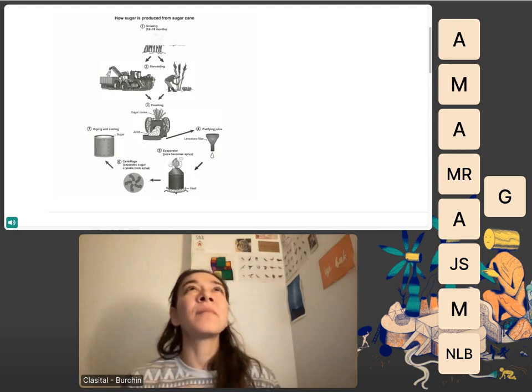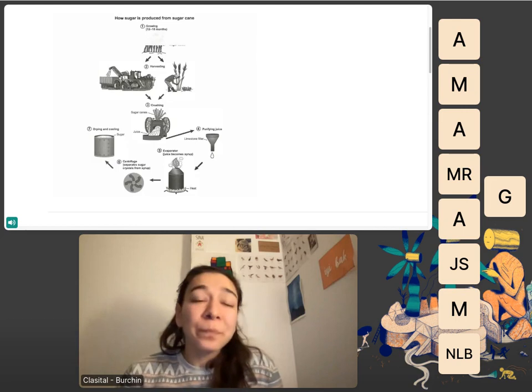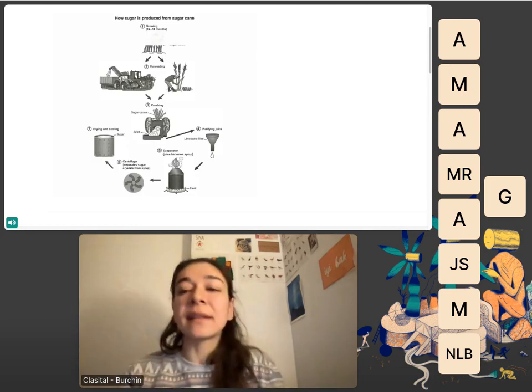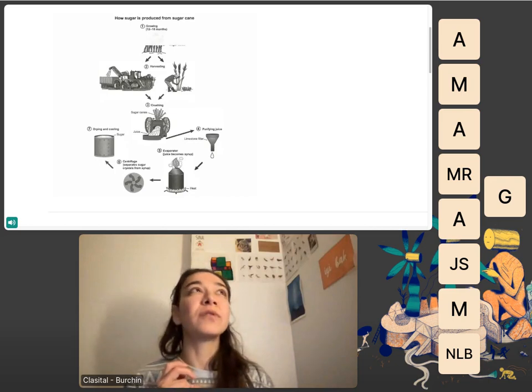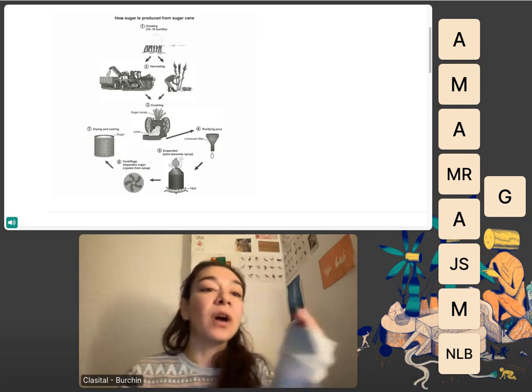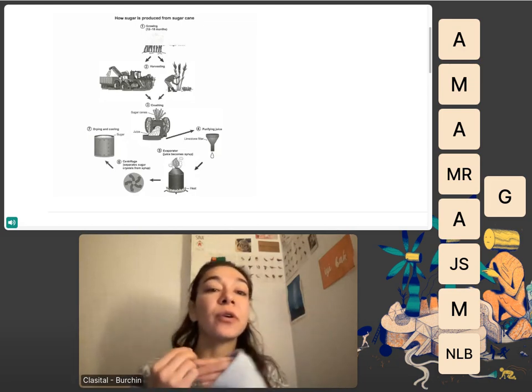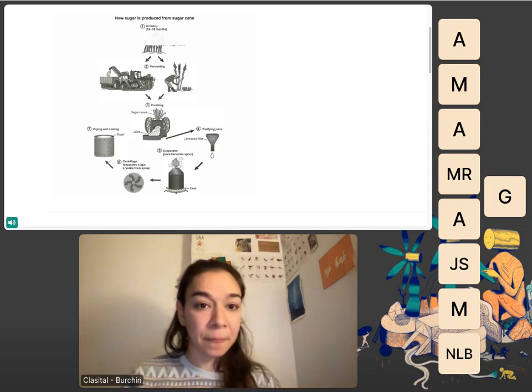It can be something like the production of something, or they usually give something that is produced. For example, how to make olive oil from olives, how sugar is produced from sugar cane. The diagram questions are like this.